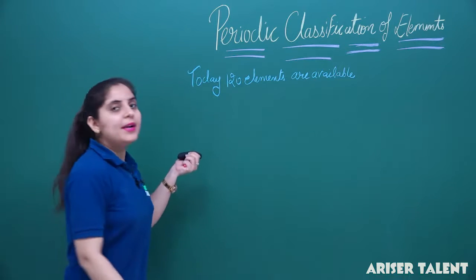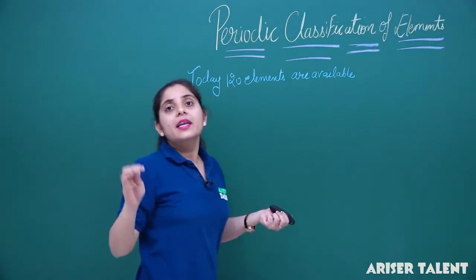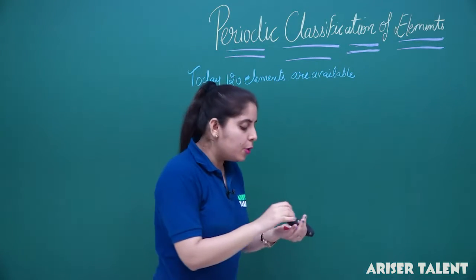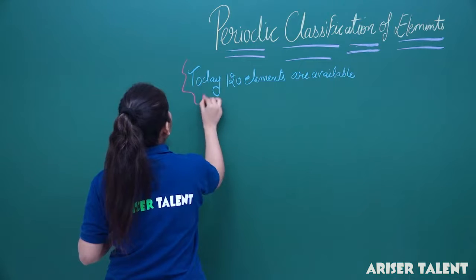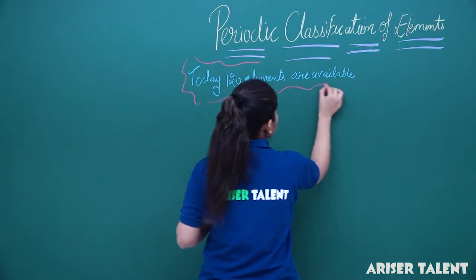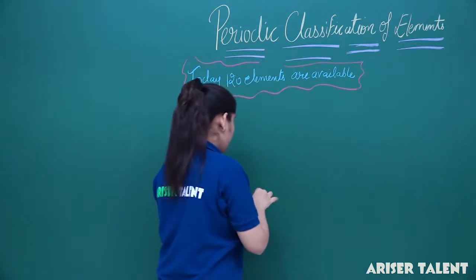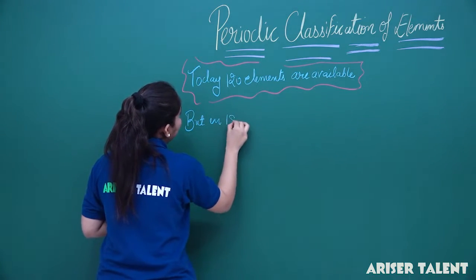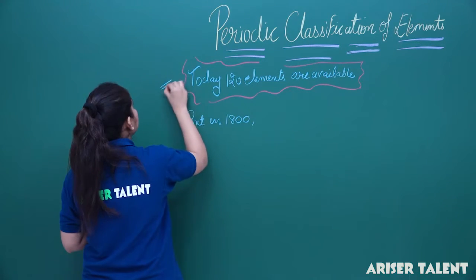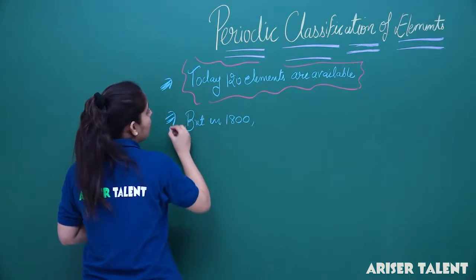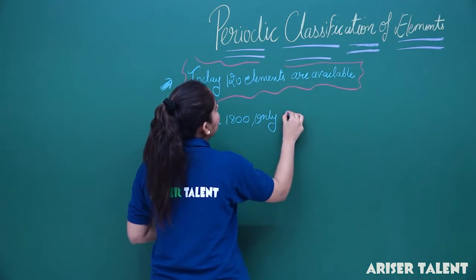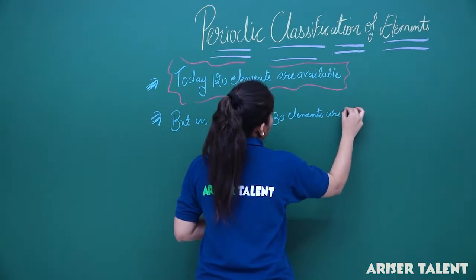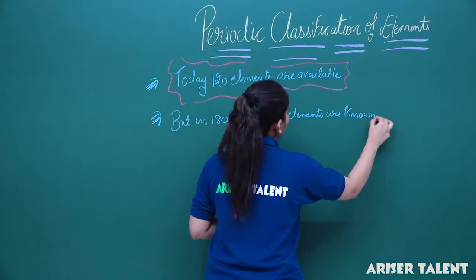So today 120 elements are available, but in the year 1800 only 30 elements were known at that time.